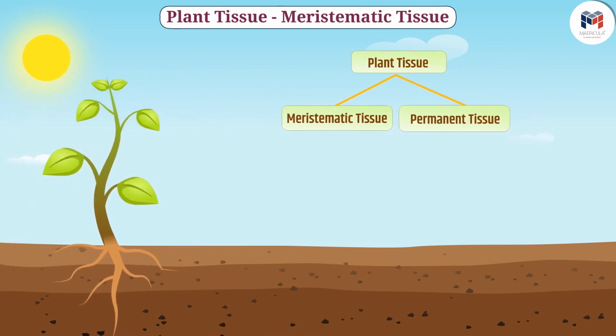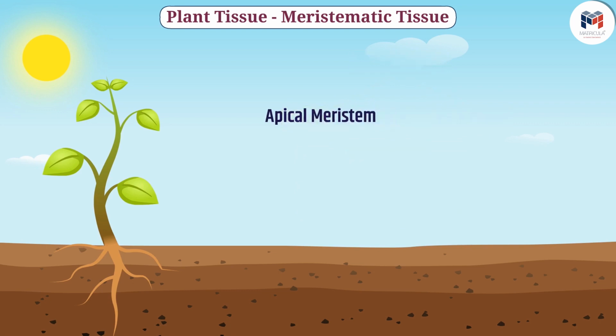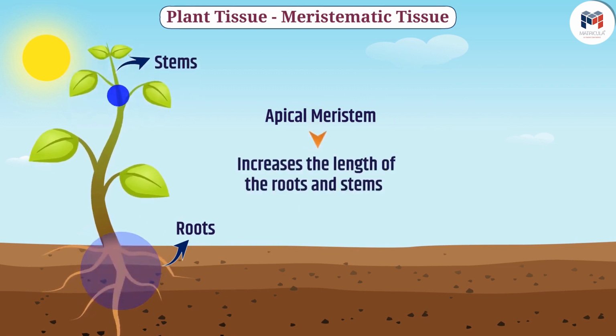On the basis of the area where meristematic tissue is present in plants, meristematic tissue is classified into apical meristem, lateral meristem, and intercalary meristem. The apical meristem is present in the growth part of roots and stems and increases the length of the roots and stems.